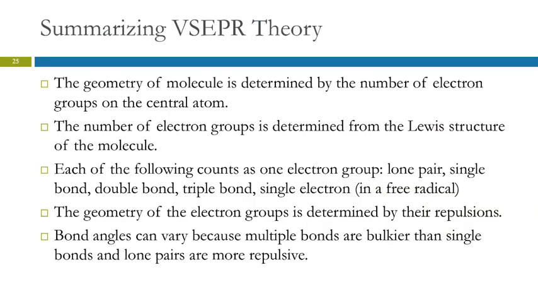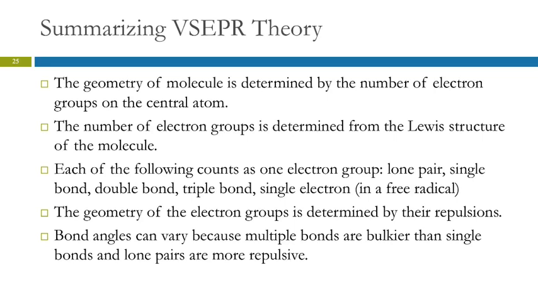So summarizing VSEPR theory. The geometry is determined by the number of electron groups in the central atom. We figure out how many electron groups there are by looking at the Lewis structure. An electron group is any one of the following: a lone pair, a single bond, a double bond, a triple bond, or a single electron, as in a free radical.